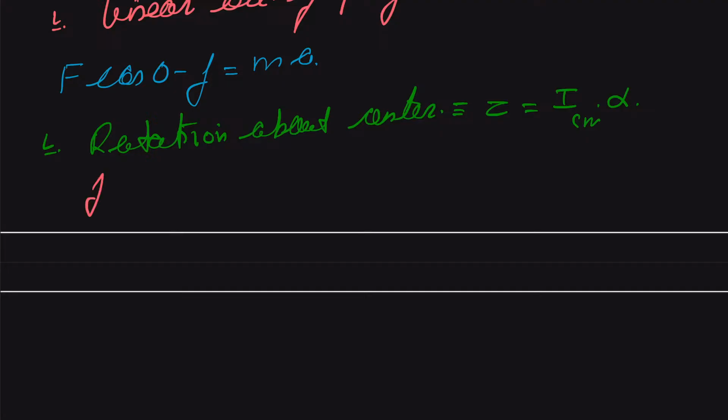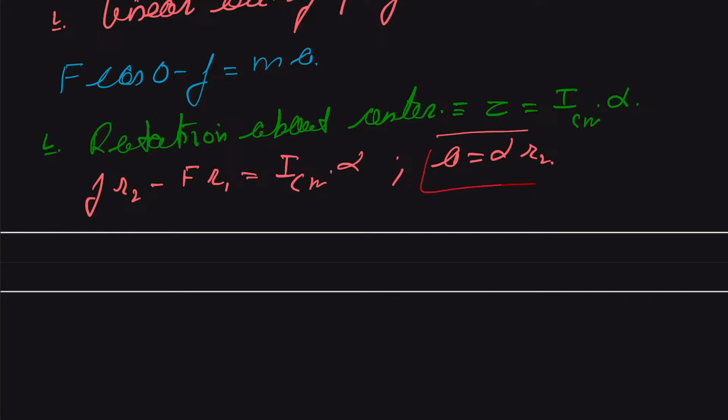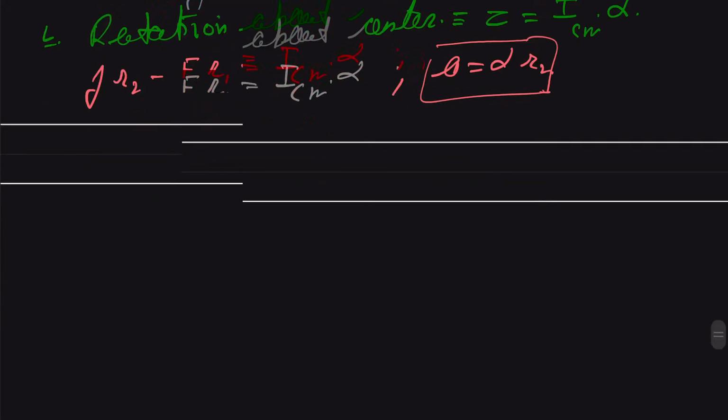So we can write Fr2 minus Fr1 is equal to ICM multiplied by alpha. For the pure rolling condition, we know that the linear acceleration A will be equal to alpha times R2. So this is the condition for pure rolling.